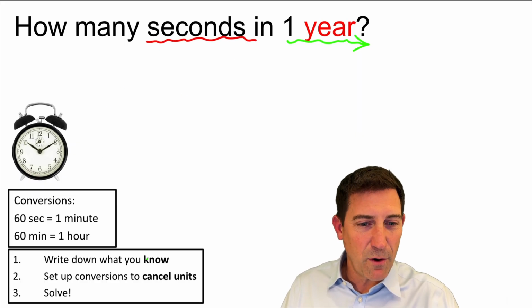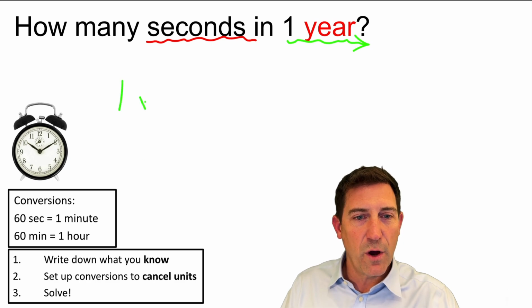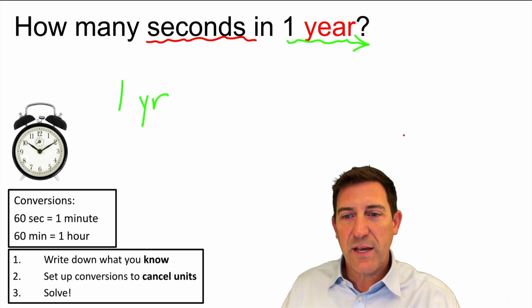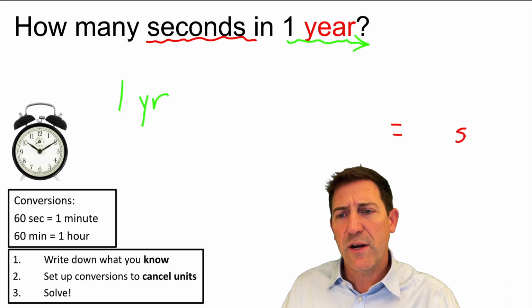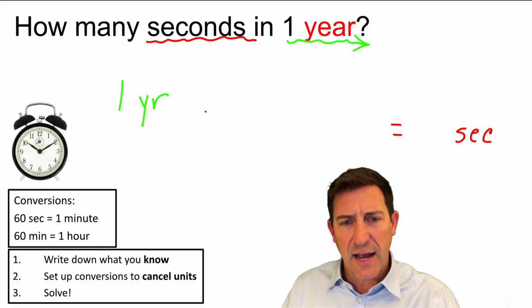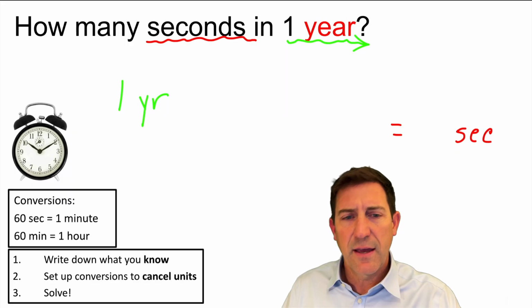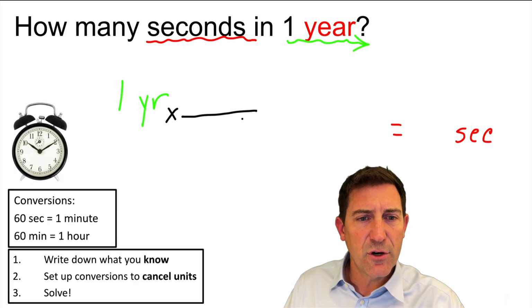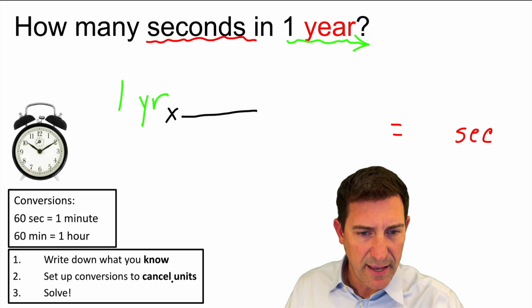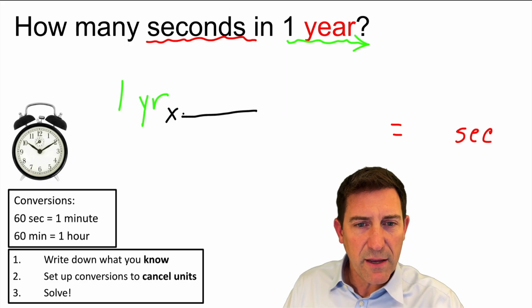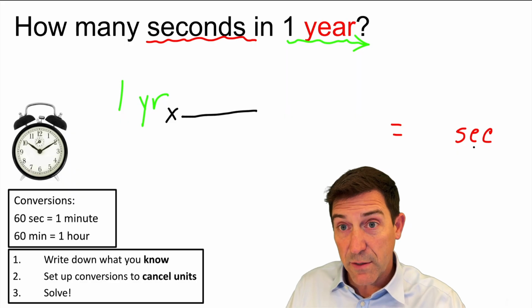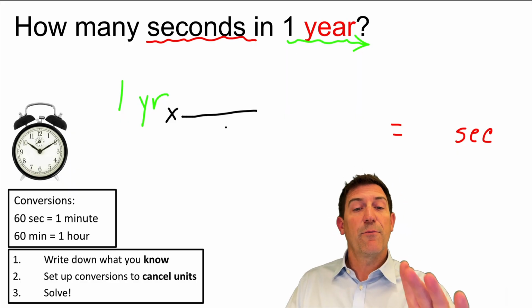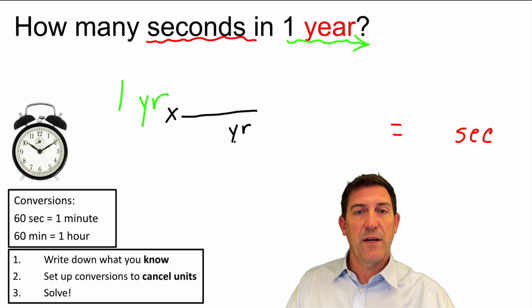So we write down what we know. That's step 1. Now we have 1 year. When we get done, and I like to put my goal way over here because it helps me decide what should my conversions look like to get to my end goal. And we need a conversion factor, conversions, to cancel the units. And the only way to get rid of years, because I don't want years in my answer, the only way to get rid of years is to put years down here.